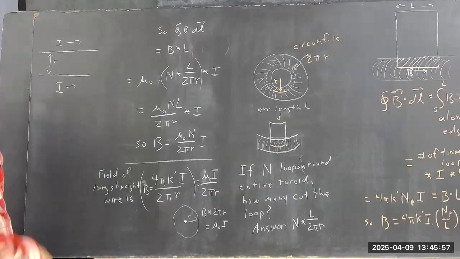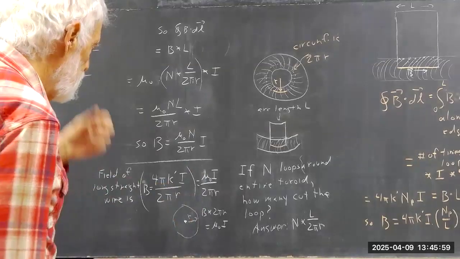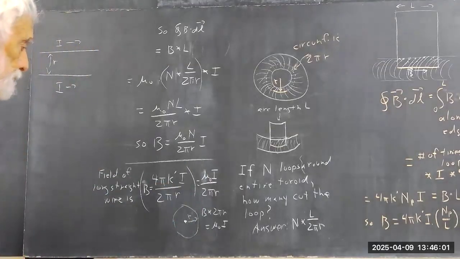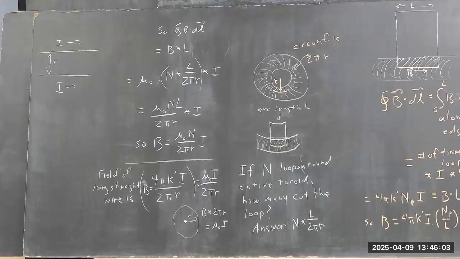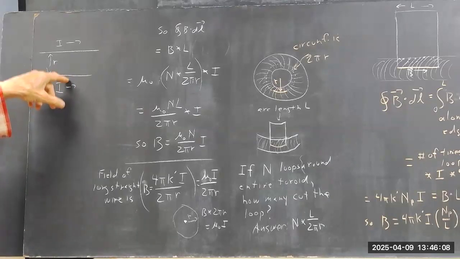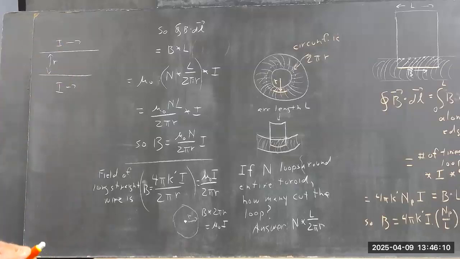The distance here is R, and that's convenient because this formula is given in terms of R. And how much force is there on this wire due to the magnetic field from this wire?